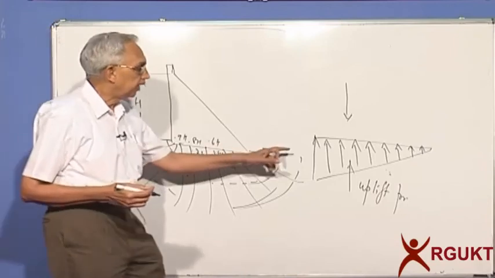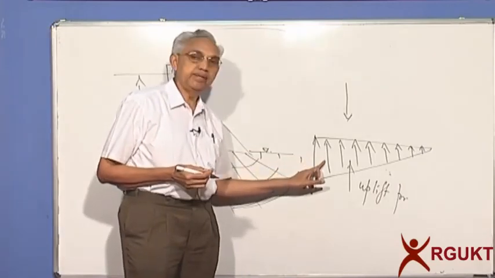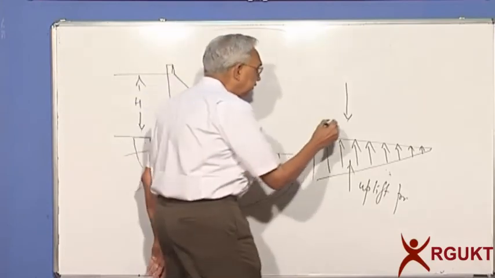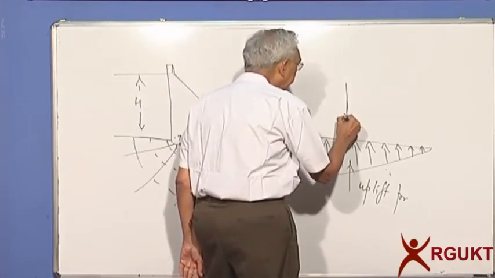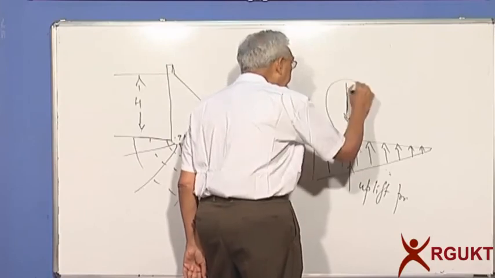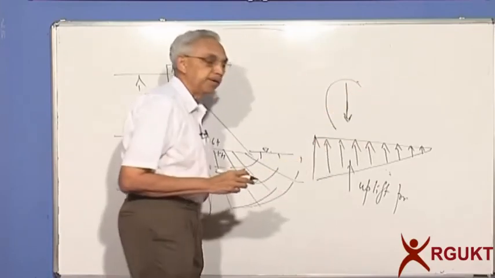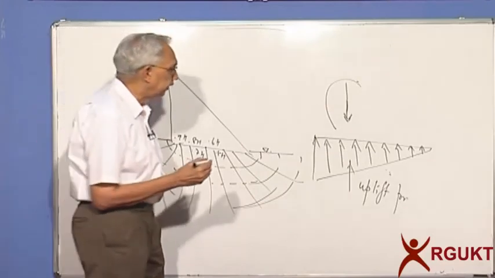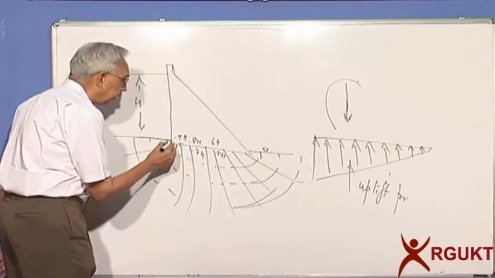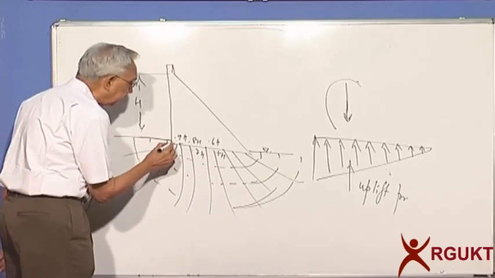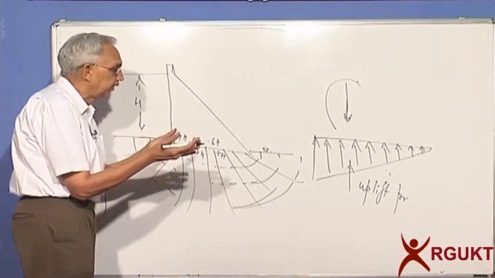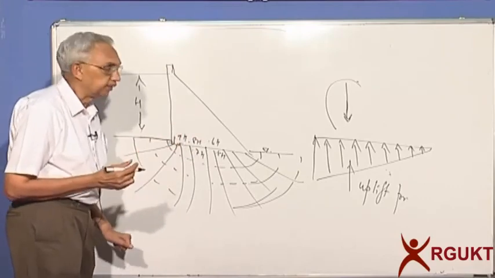Then you will have 100 meters here, 90 meters of uplift, 80, etc. And you can see that if I take the centroid weight of the dam, for all I know, you may have a moment trying to push it up or lift it. If it is going to lift it, there is another problem. If you don't take care of it, there can be a lift, which means there is a gap here and water can enter. Then the dam becomes unsafe.